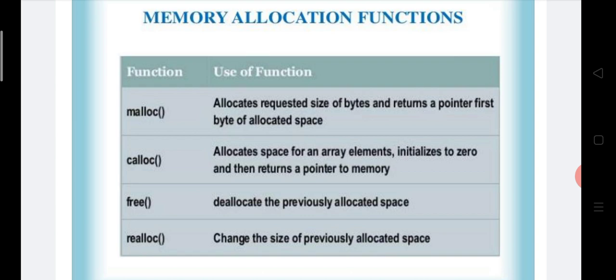Actually, this is an inbuilt function that already exists in the C library. When we execute the free function, it releases the allocated block of memory. The free function deallocates a memory block allotted by a previous call to calloc, malloc or realloc.